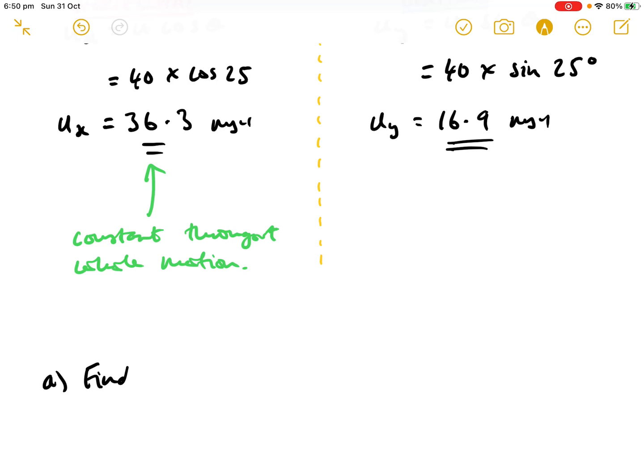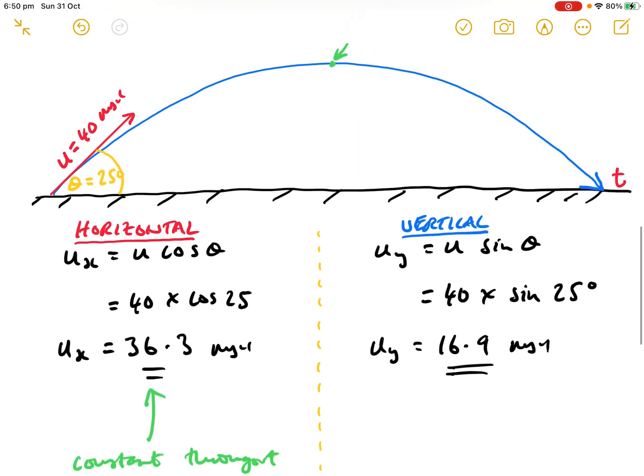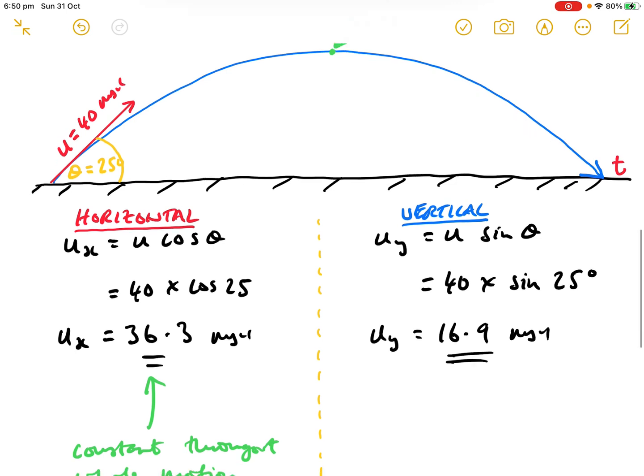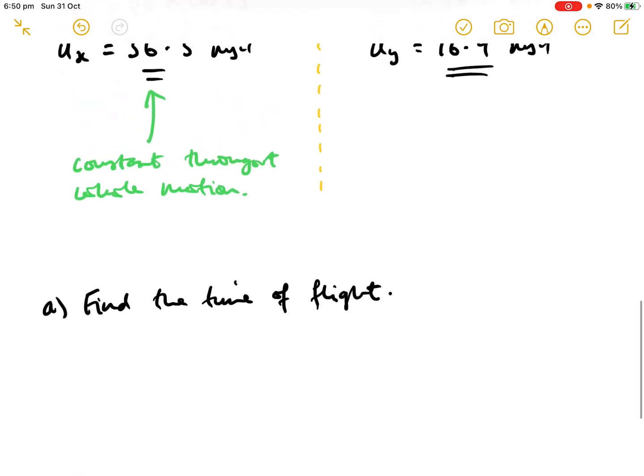So find the time of flight. Now, this is essentially got to be a vertical problem here, because although we know the horizontal velocity, we don't know the horizontal distance, that's the horizontal range. So there's no point in trying a horizontal bit of working here. It's very much a vertical one.